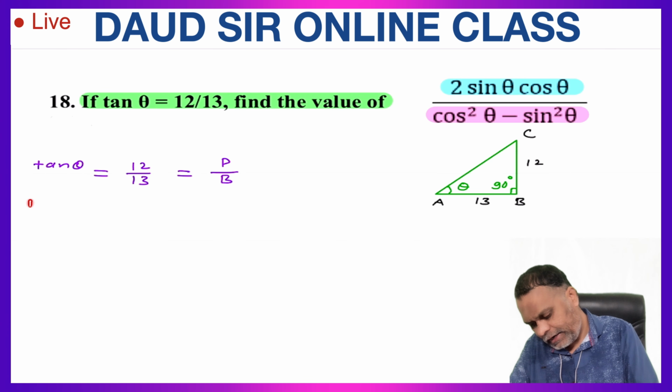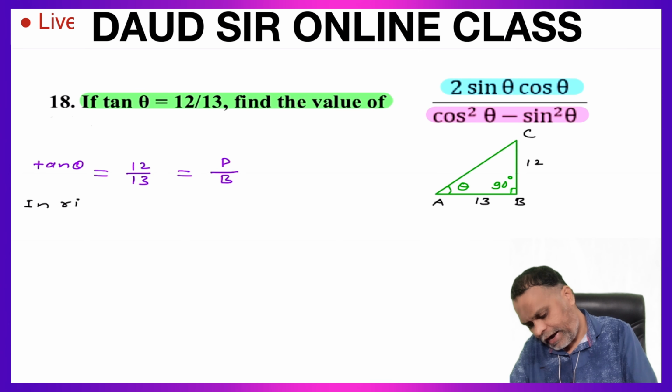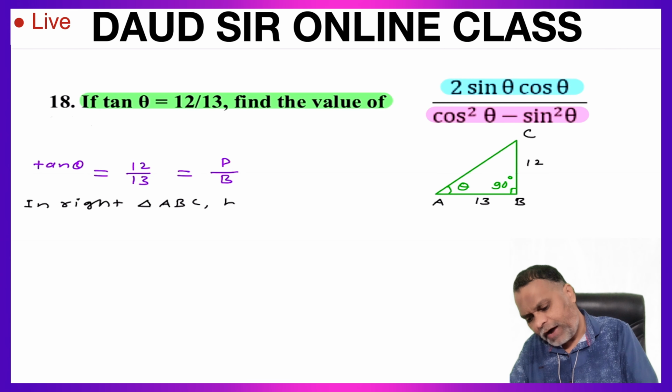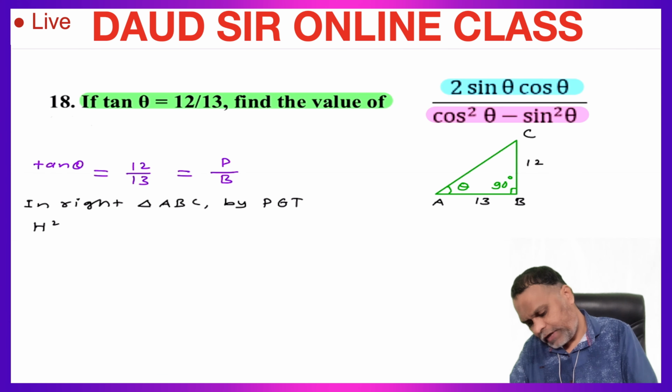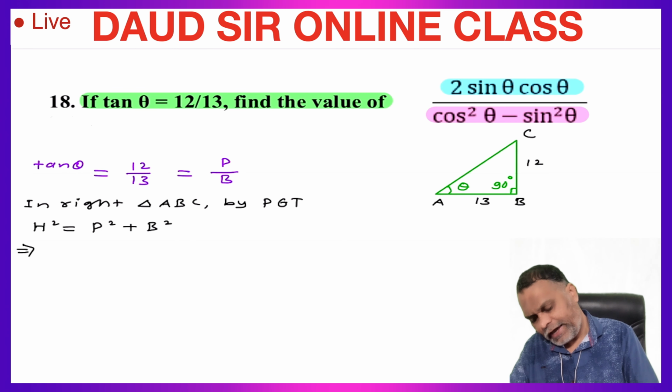In right triangle ABC, by Pythagoras theorem, h square is equal to p square plus b square, which implies h is AC, so AC square, perpendicular is BC, BC square, base is AB, so AB square.